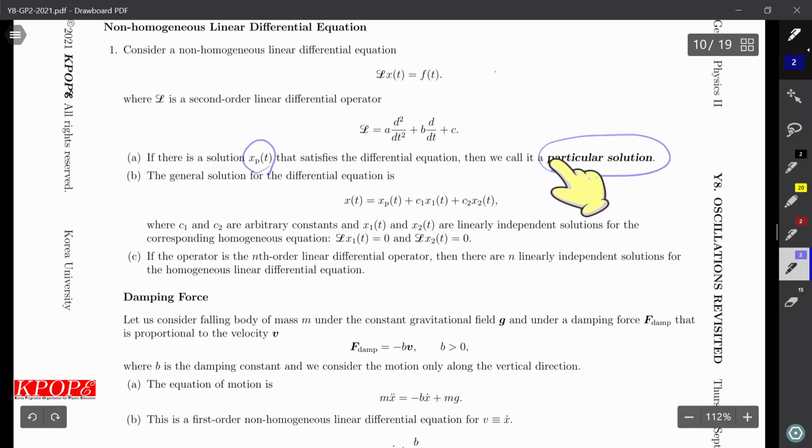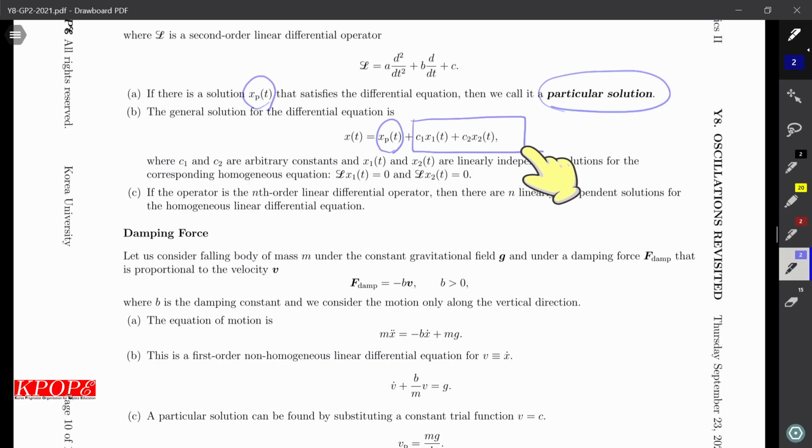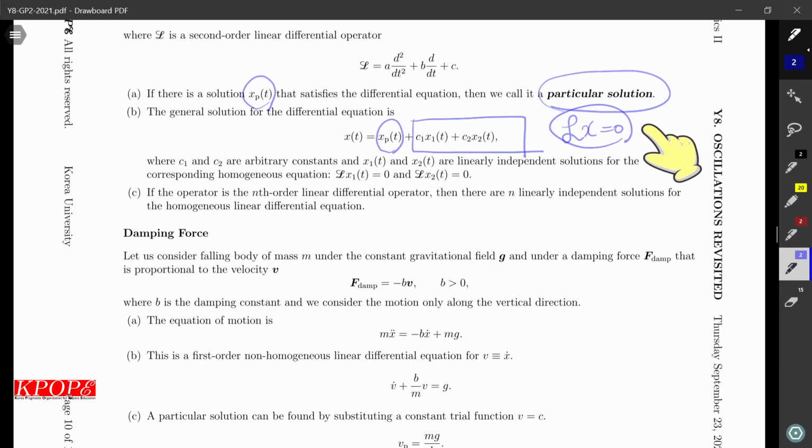The general solution for the differential equation is the sum of a particular solution and the other, which is the solution for Lx equals 0. That is the corresponding homogeneous differential equation.